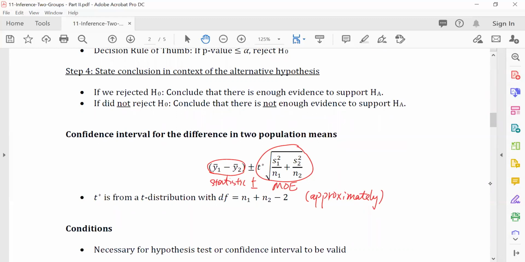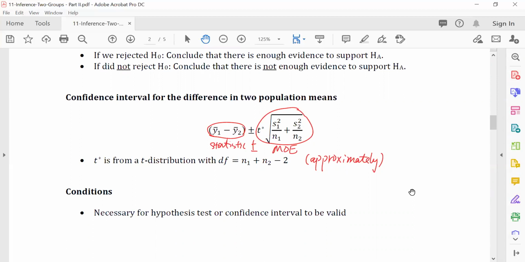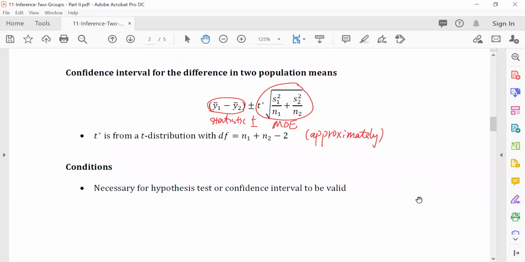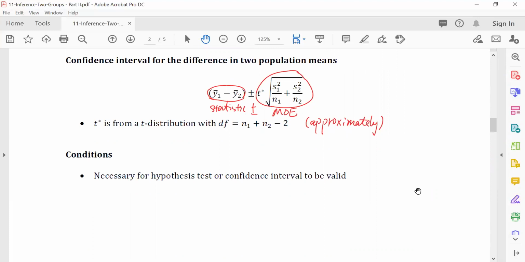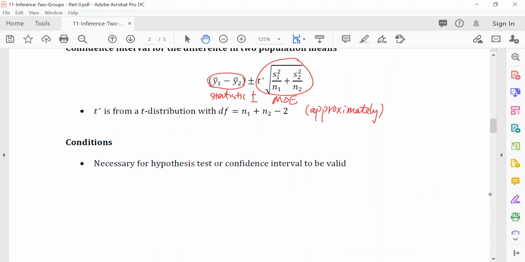By knowing your confidence level and the t distribution with its degrees of freedom, you should have no problem finding this t critical value. So now let's talk about the conditions that we've mentioned. The conditions for the hypothesis test or the confidence interval to be valid are the same. So first, both samples need to be random.